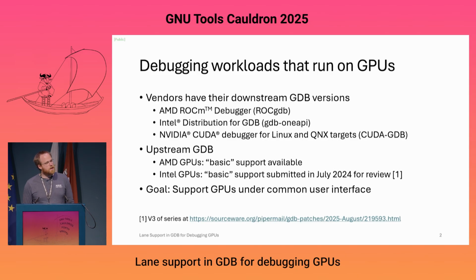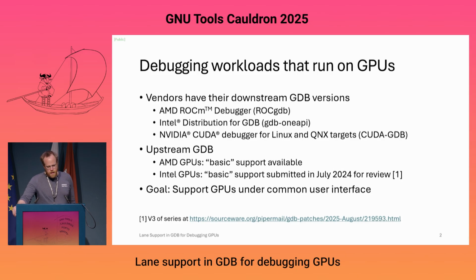As far as upstream GDB is concerned, there is support for AMD GPU in upstream GDB today. It might have been available since GDB 16 or so, but it's still very basic and bare bones. Everything we're going to talk about today, which you need if you want a meaningful debugging experience, is not available, for reasons we're going to explore.